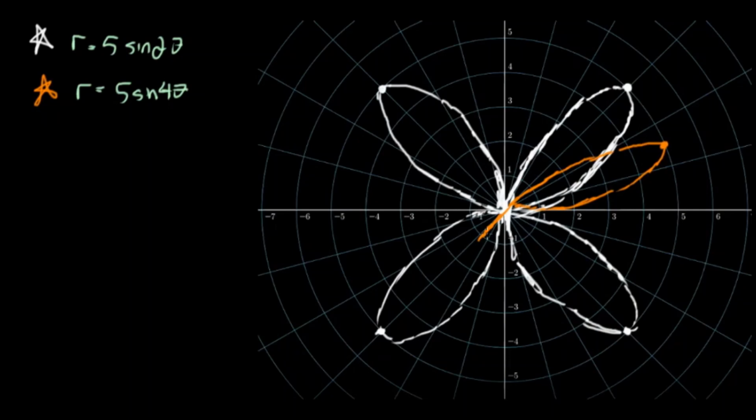We'll be at negative 5 at 3 pi over 8. And we'll come up here to this point. 3 pi over 4, we're going to be coming back through.